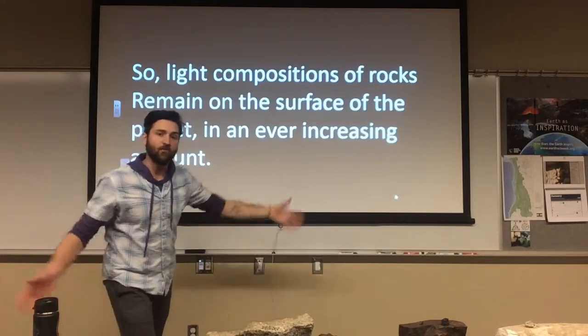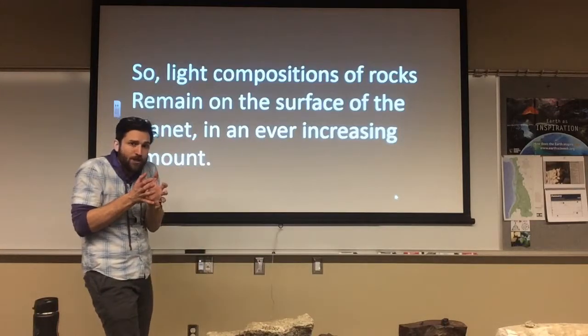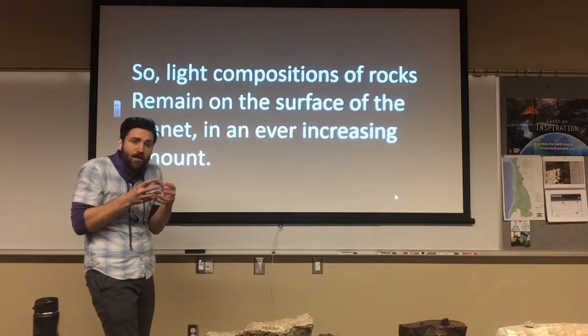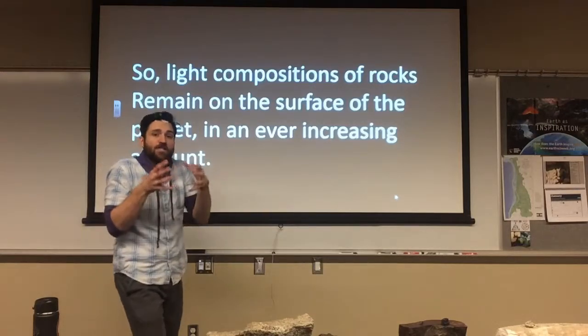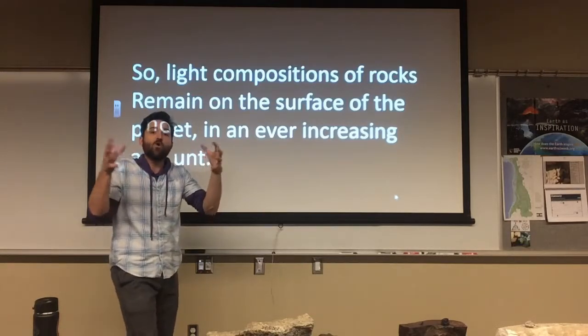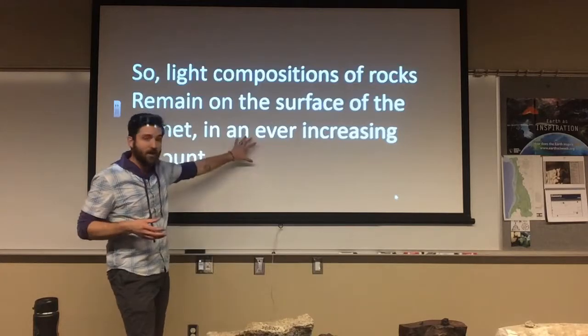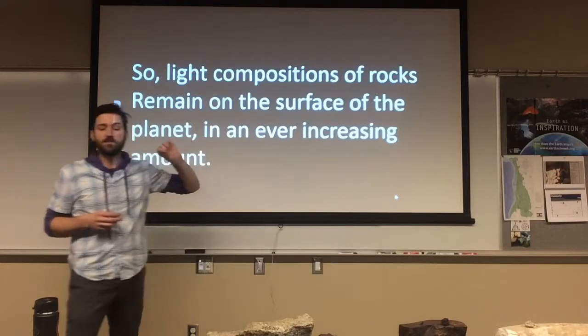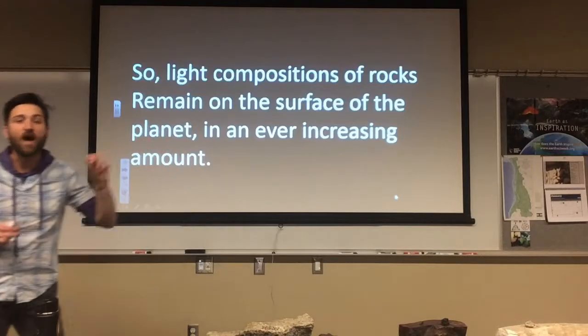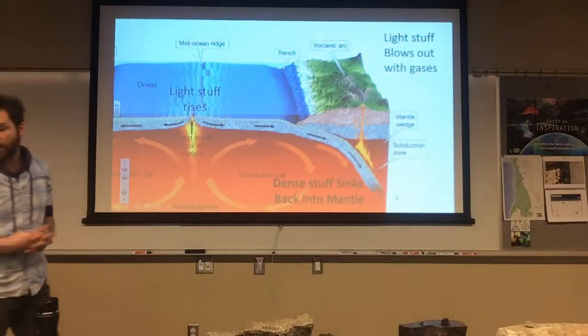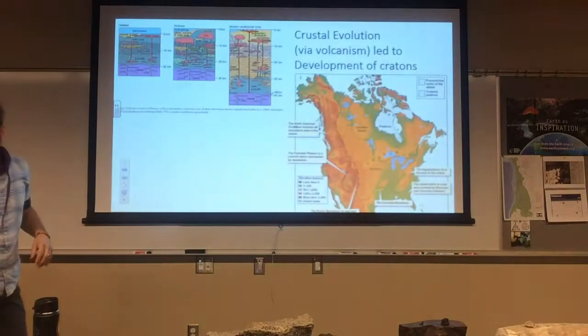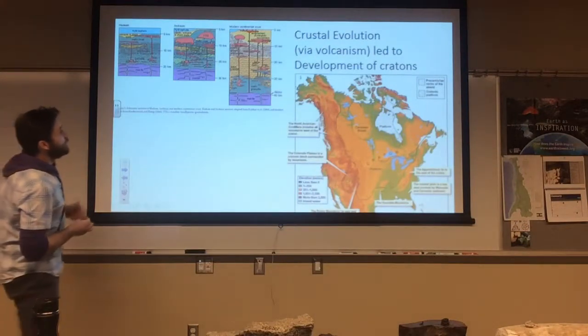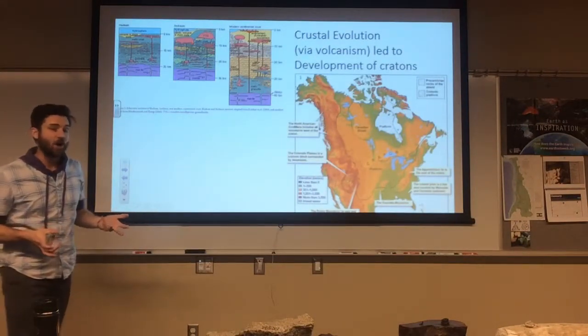So you can imagine then, we started off with wee little bitty tiny little bits of this stuff, and then, increasing through time, we are getting more and more, an ever-increasing amount of this felsic-rich crust on the surface. Okay, and that, then, is what we can call a craton.